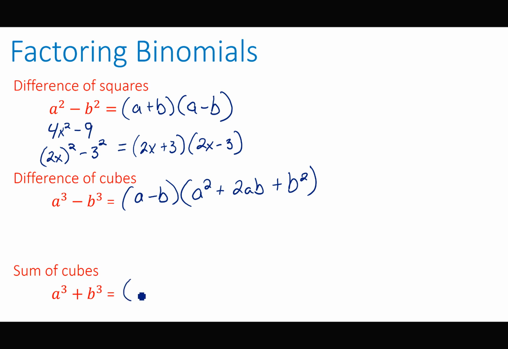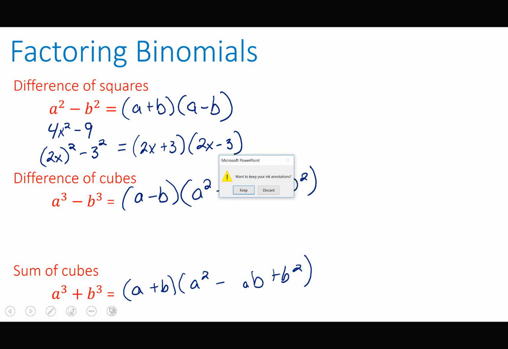A cubed plus b cubed would be a plus b, a squared minus 2ab. Back this up. It shouldn't be 2ab, it should just be ab. I even got it wrong. Plus b squared. Let me check that in a minute.